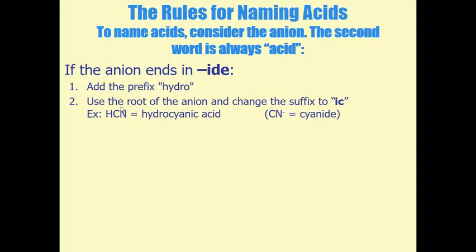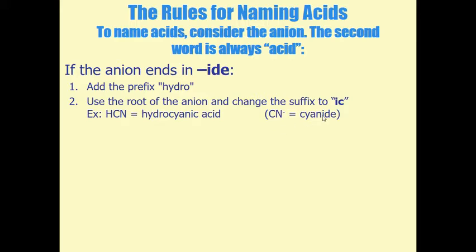Then you go look to see what CN is. It's a polyatomic, 2 elements. When you go to your polyatomic list, you see that CN is cyanide. It ends in IDE. So right now we're going to write the word hydro.